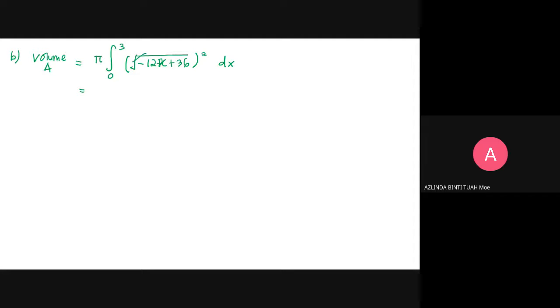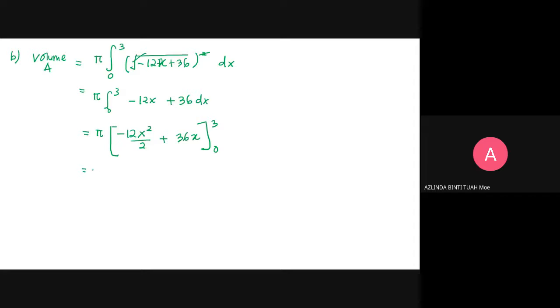So cancel out the square root and squared. We just have to integrate negative 12x and 36. So integrate negative 12x, we get negative 12x squared over 2 plus 36x.